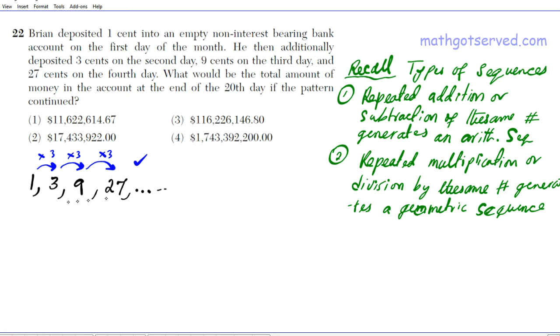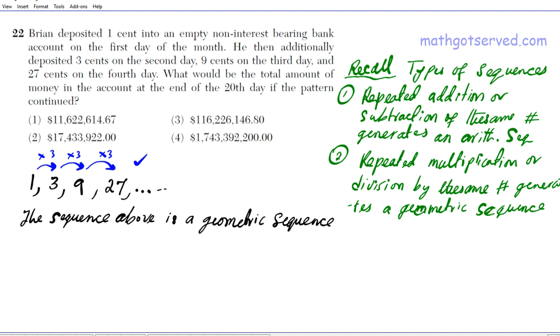So this is a geometric sequence. The sequence above is geometric. But what does the question ask us for? The question asked us for the total.